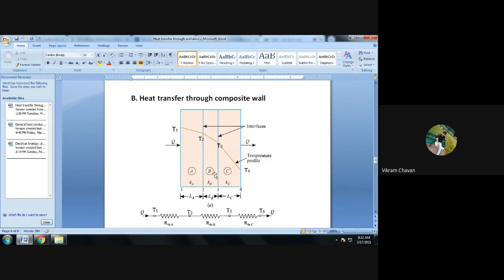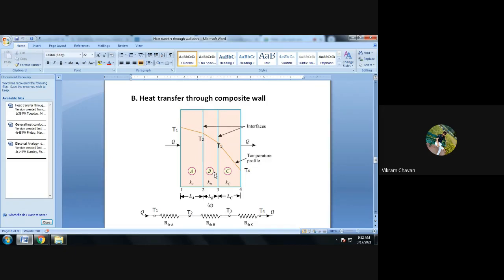In cold storages, the requirement is that less heat should enter the chamber, so that the efficiency of the cold storage will increase. The temperature of that chamber should be as low as required, and it is maintained by the refrigeration and air conditioning system.